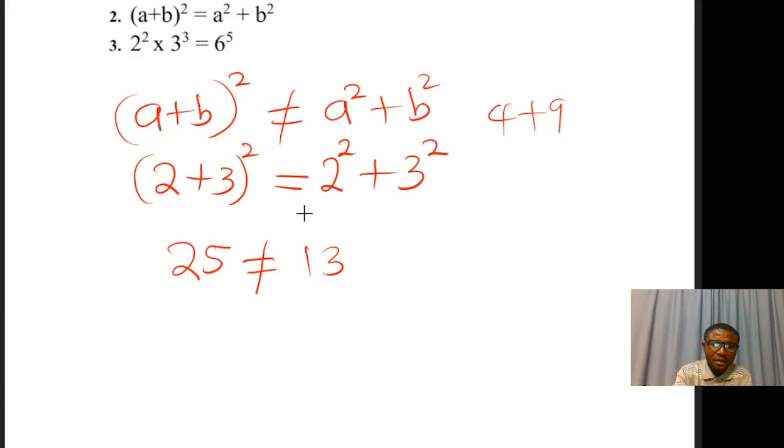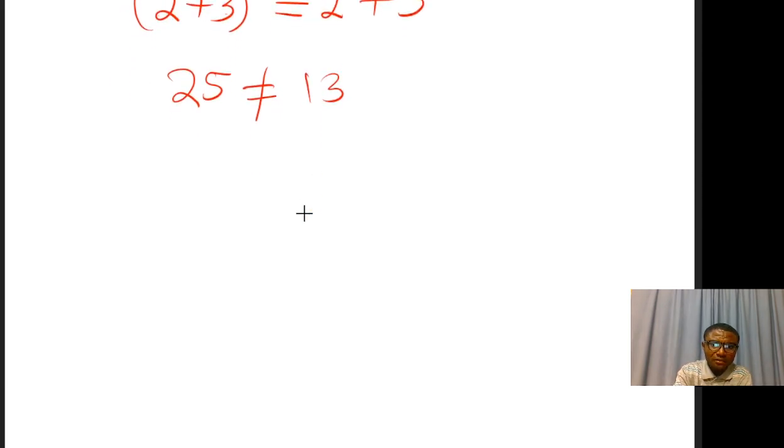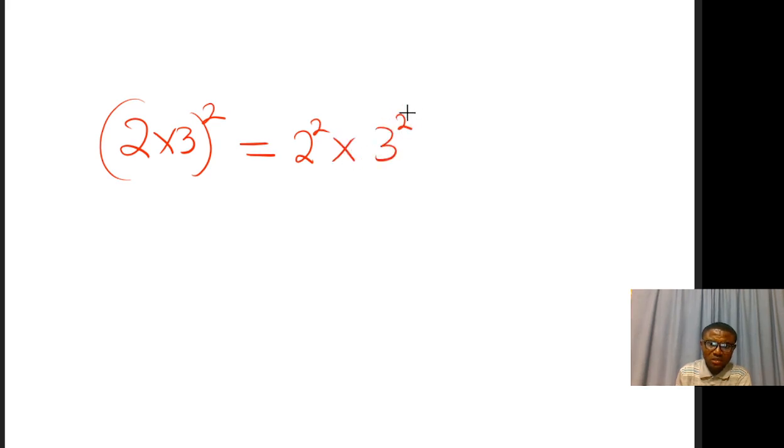However, when you have 2 times 3 raised to the power of 2, okay, we can rewrite it as 2 squared times 3 squared. Okay, so let's simplify. 2 times 3 here is 6, so this gives us 6 squared.